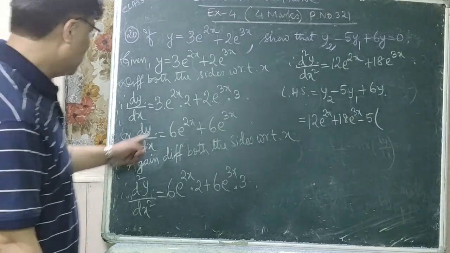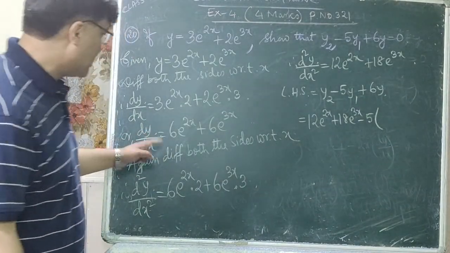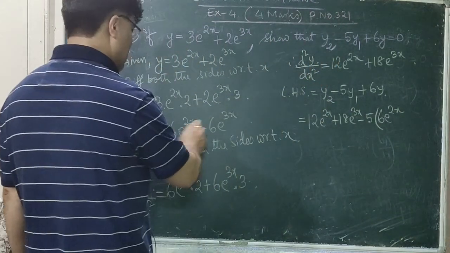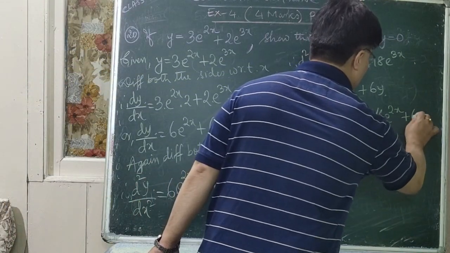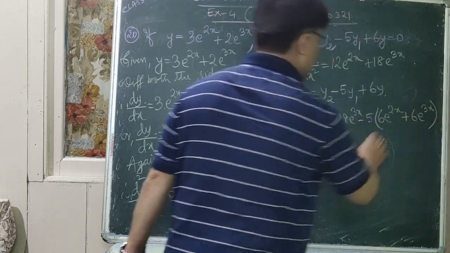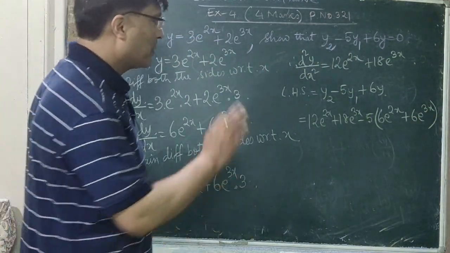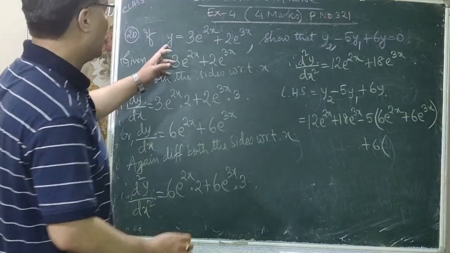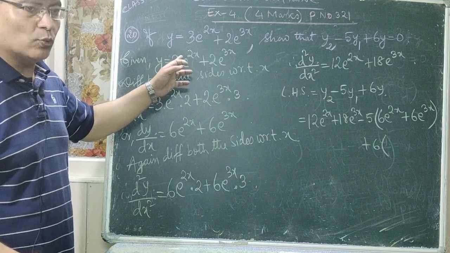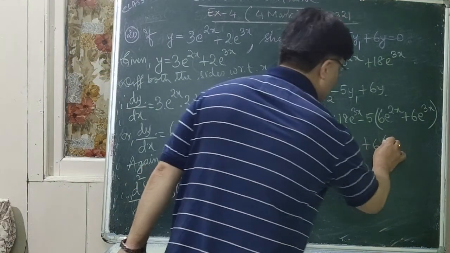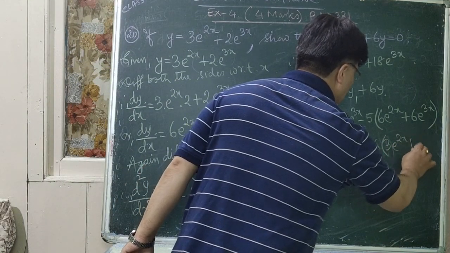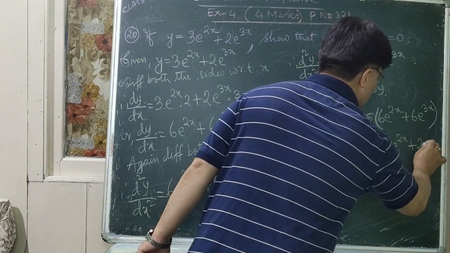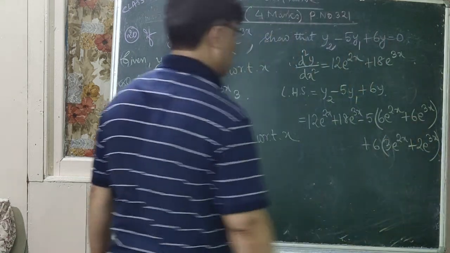What is y1 here? y1 is the value for dy by dx, that is 6 e to the power 2x plus 6 e to the power 3x, plus 6 into y, and you have to put the value for y, which is given here: 3 e to the power 2x plus 2 e to the power 3x.